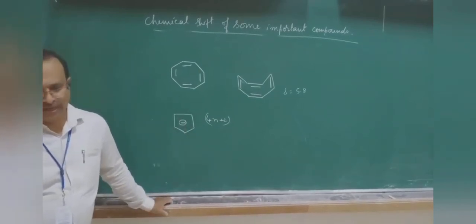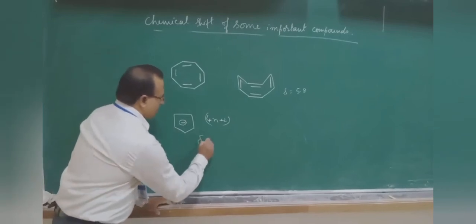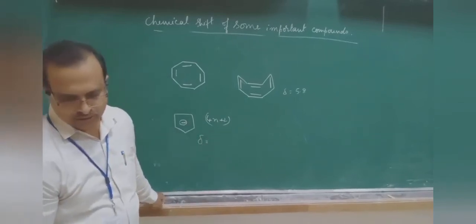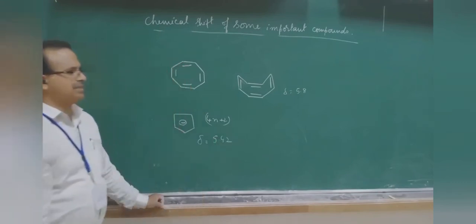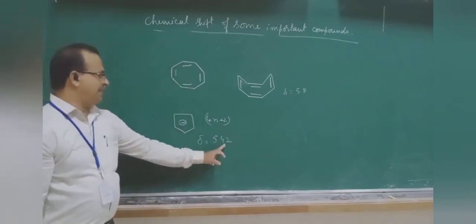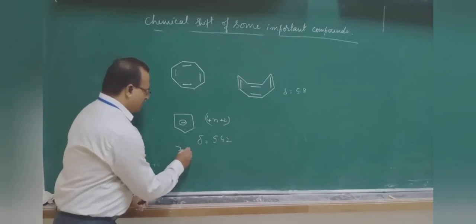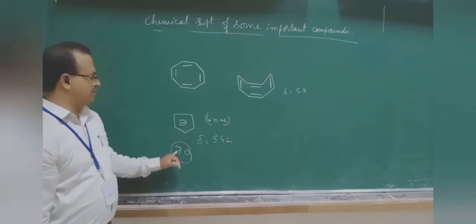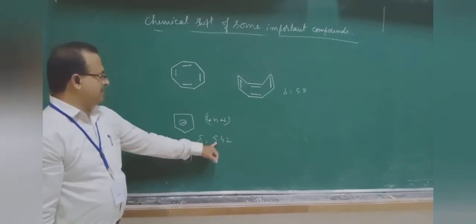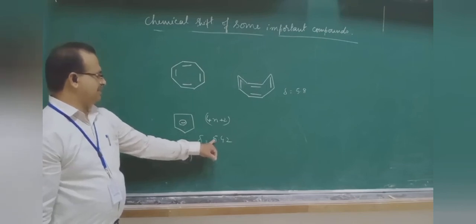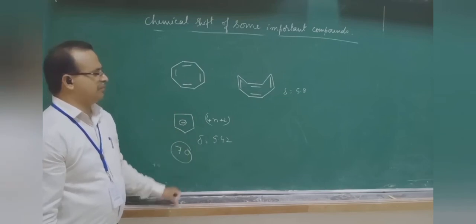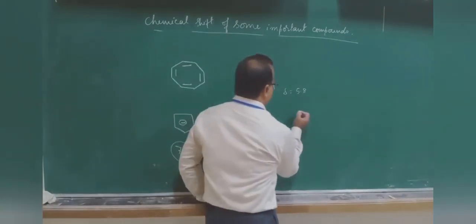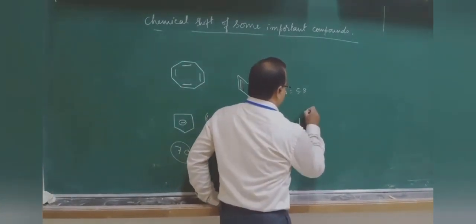The delta value is about 5.42, and it is upfield of the aromatic chemical shift value of 7. The chemical shift value is less due to the presence of more electron density in the cyclopentadienyl anion.